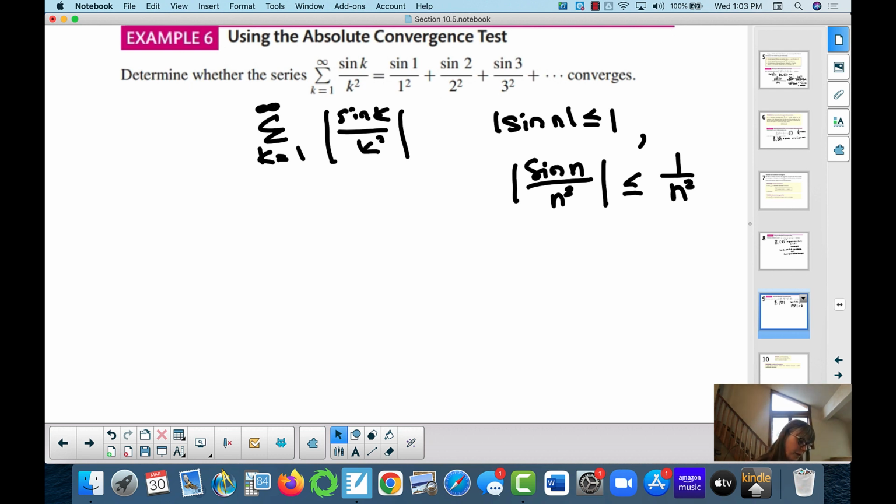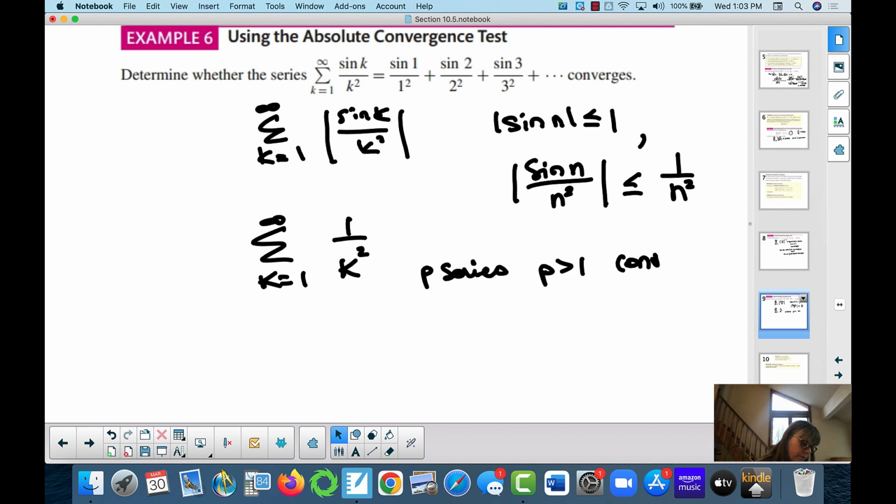So now we're going to use the comparison test, because 1 over k squared, which is like 1 over n squared, this series is a p series where p is greater than 1. So this series converges. That means that the original absolute value series also converges.